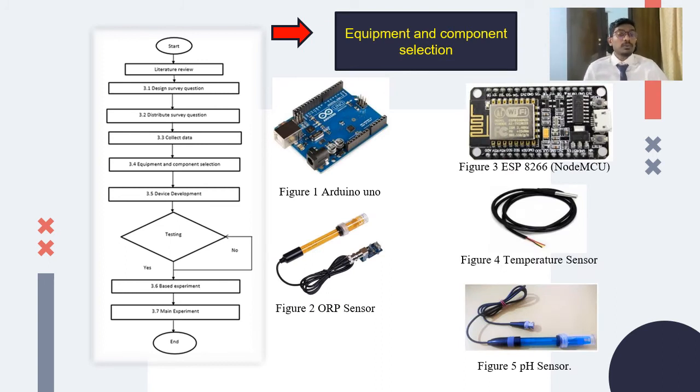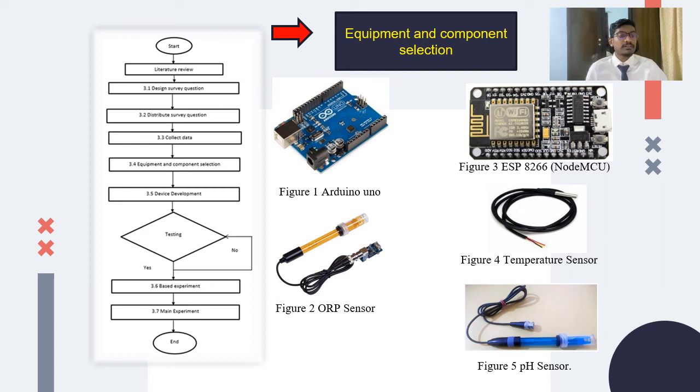Now we can see the equipment and component selection through my flowchart and through my survey too. In figure 1, the component is the Arduino Uno. The function of the Arduino Uno is a microprocessor unit. In figure 2, you can see the ORP sensor. ORP is an oxidation reduction potential sensor, used to measure the oxidation of the water.